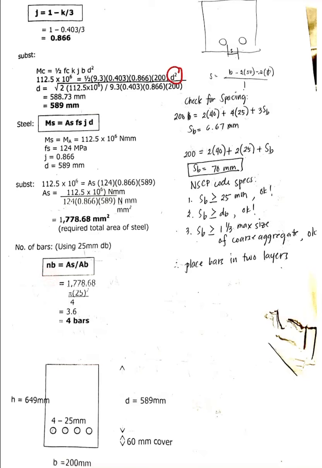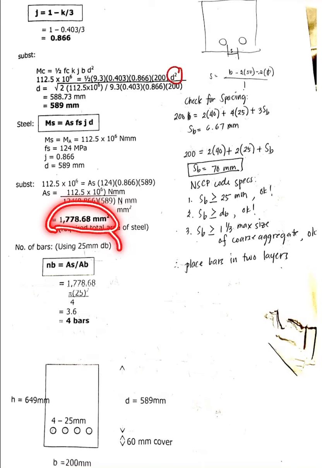And then to solve for the number of bars, we'll have the formula Nb is equal to the number of bars, the total area of steel from the formula MS = As fs j d, divided by the area of 1 bar.